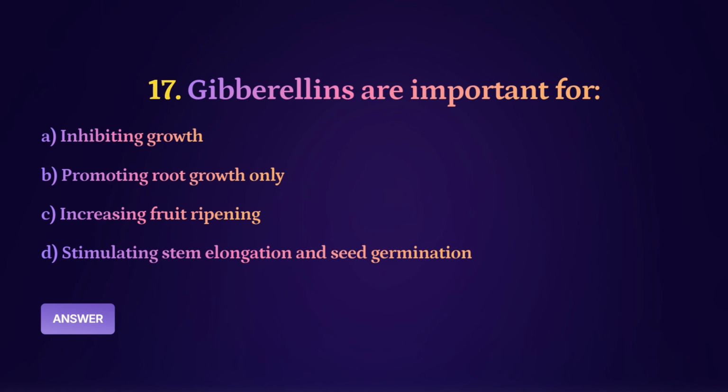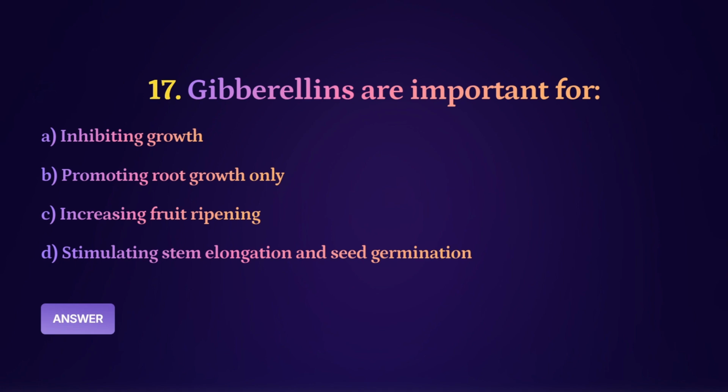Question 17. Gibberellins are important for inhibiting growth, promoting root growth only, they increase fruit ripening, or they stimulate stem elongation and seed germination. So these plant hormones and animal hormones questions are the most frequently asked questions, and they can be asked in any form.